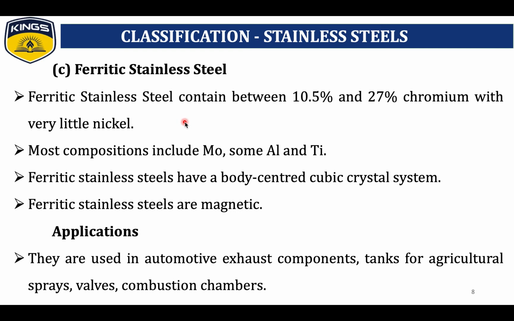These steels have a BCC structure, that is body centered cubic crystal structure. So these stainless steels are magnetic. For this excellent property, they are used in automobile exhaust components, tanks for agricultural space, valves and combustion chambers.